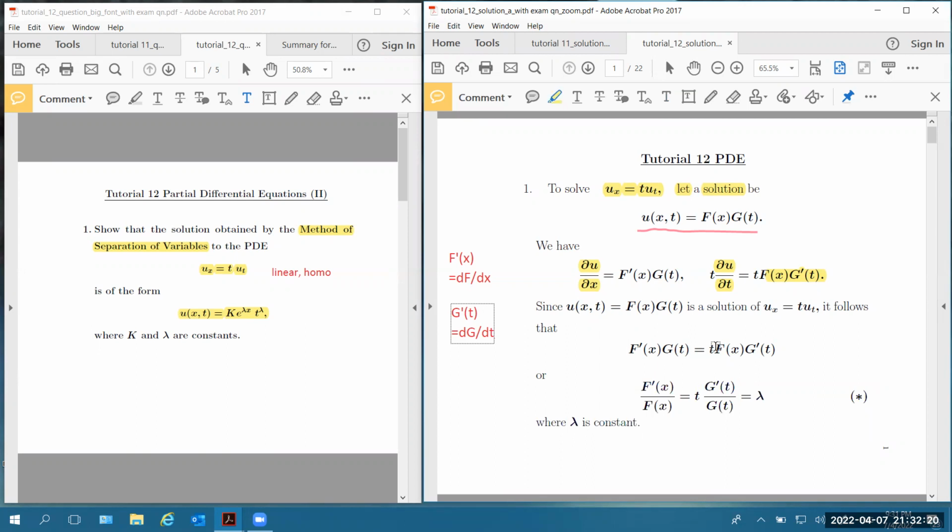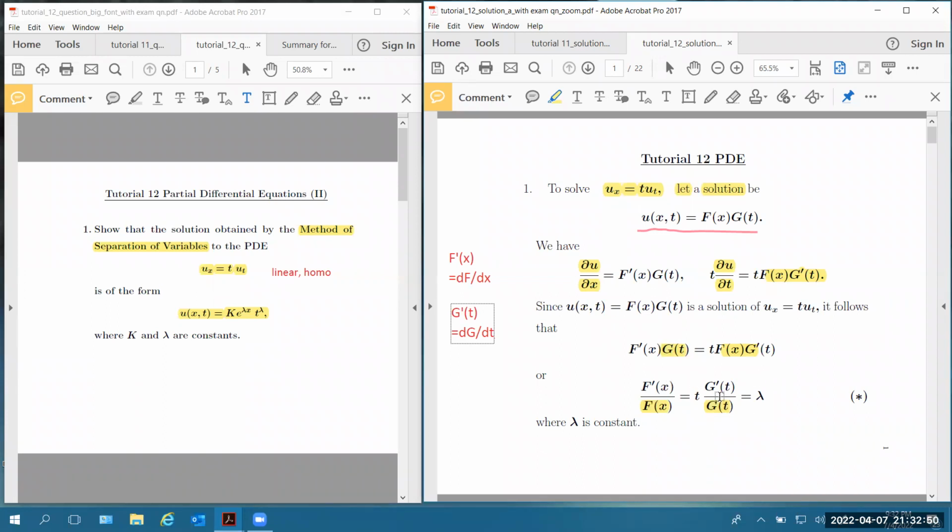So my f(x) here, I go and divide here, and my g(t), I go and divide to the other side. So that's why I have it here. So this is what we have.